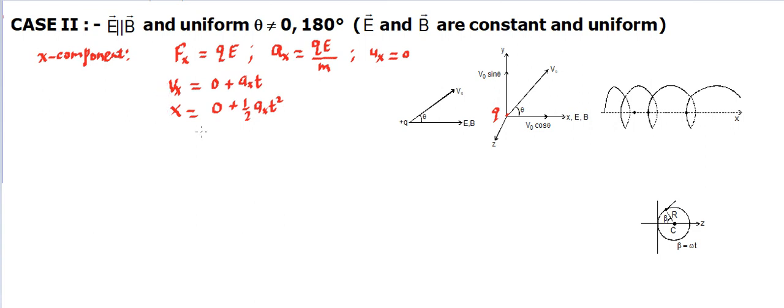Now what happens in the y direction and z direction? So y and z have been shown as the y component and the z component. So that's the yz plane. If you look at the yz plane, it's going to move on a circle because of the magnetic force, and we can find how much that force is going to be.